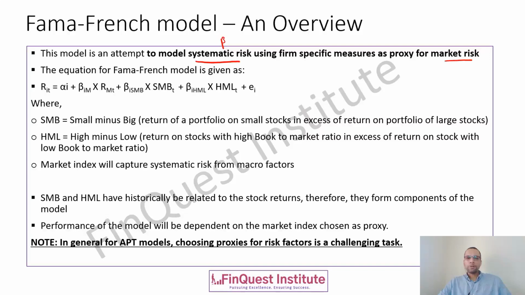So choosing the proper risk factors, or proper proxies for risk factors, is the key. Be it choosing the proper macro factors or proper assets which will impact our portfolio returns, or choosing the correct market index as a proxy, which is required as a part of the Fama French model, all of these factors are important.